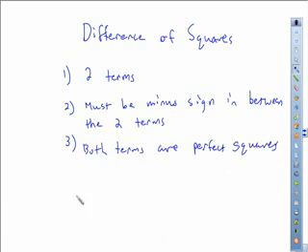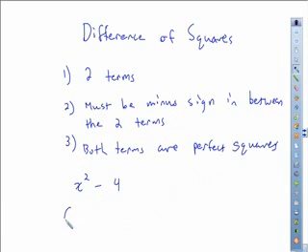Now let me give you an example of a difference of squares. Let's say we have x squared minus 4. This type of problem is a difference of squares because it meets all of these requirements. There are only two terms. There's a minus sign in between the two terms. And both of these terms are perfect squares.